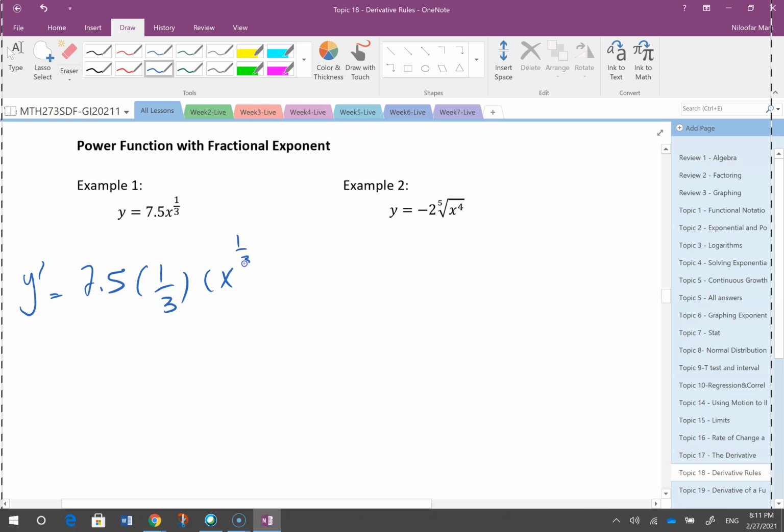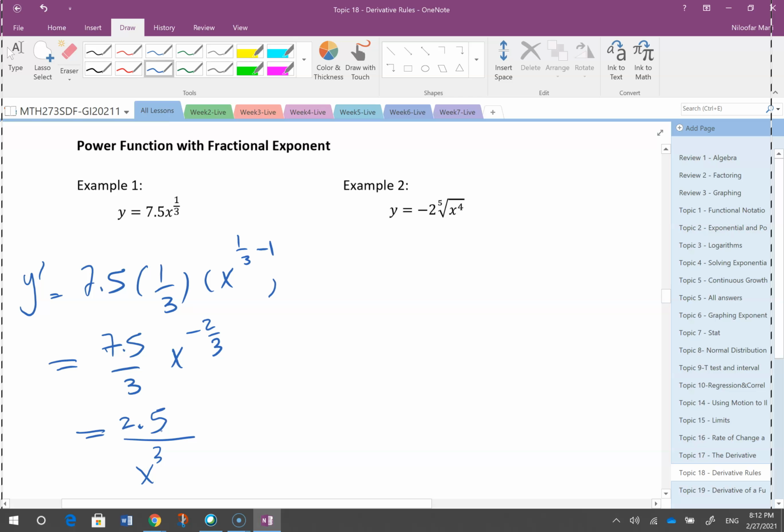Y prime is, step by step, 7.5 multiple 1 over 3 multiple x power 1 over 3 minus 1, step by step, which is 7.5 divided by 3 x power minus 2 over 3, which is 2.5 divided by x power 2 over 3.